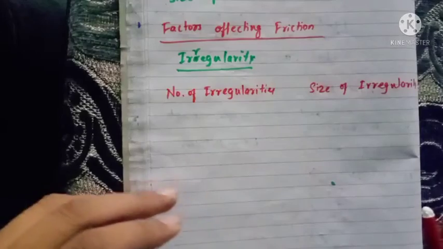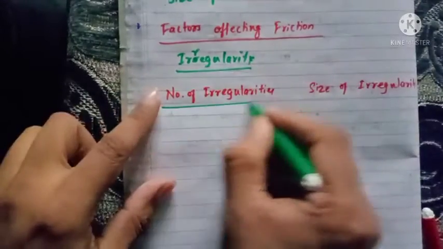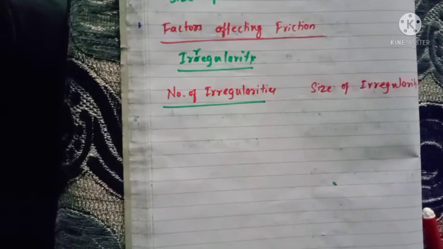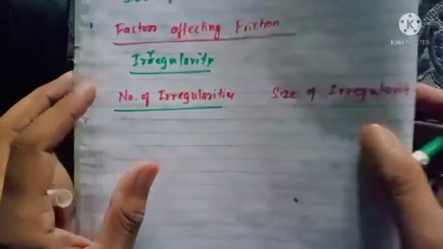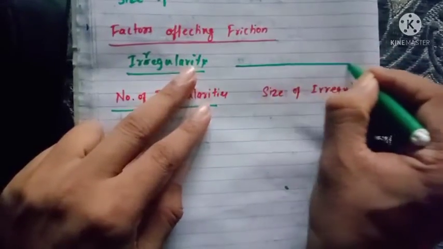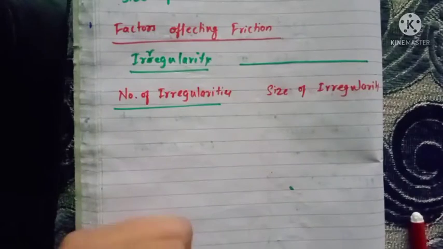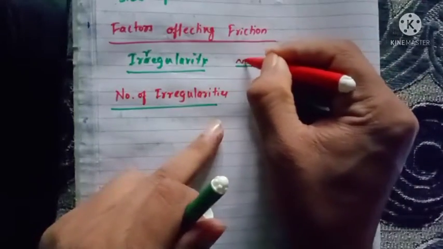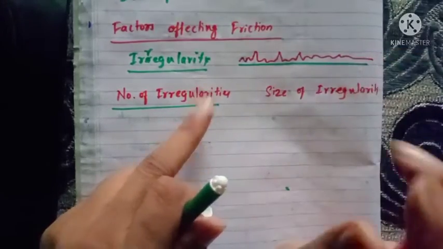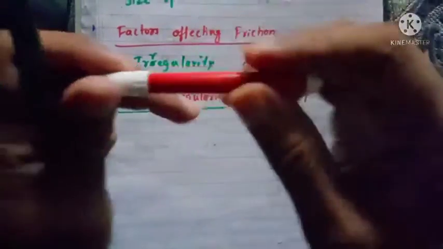So first point, the number of irregularities. First of all, irregularity ಅಂದರೆ ಹೆಂಗಿರುತ್ತೆ ಅಂತ ನೋಡಿದ್ರೆ, just like it is a surface ಅನ್ಕೊಳ್ಳಿ. On this surface the disturbance, just like this kind of things. If you consider this pen, this surface is very smooth.